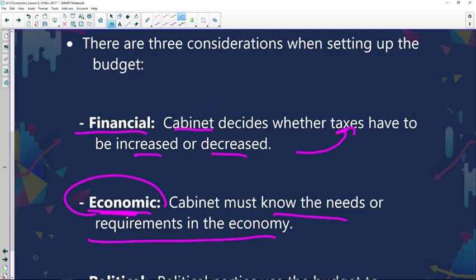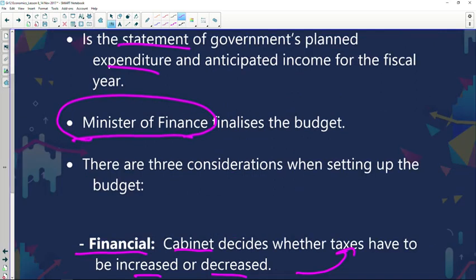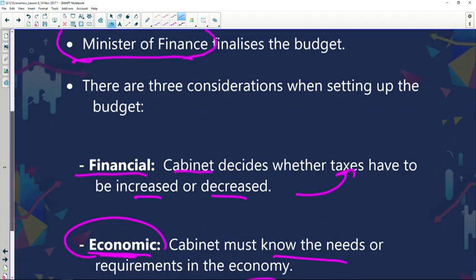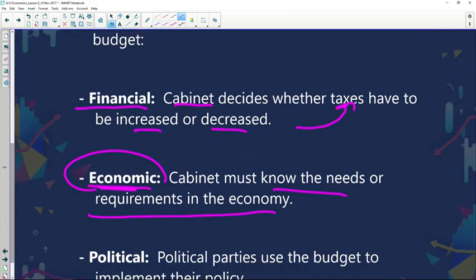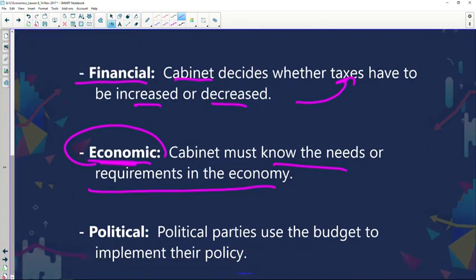If we need to create more jobs, that's more economic, and then Cabinet needs to be well informed in terms of the requirements in this regard. And then lastly, we've got the political. So political parties use the budget to implement their policy. Political consideration needs to happen, because political parties use the budget in order to implement their policies.